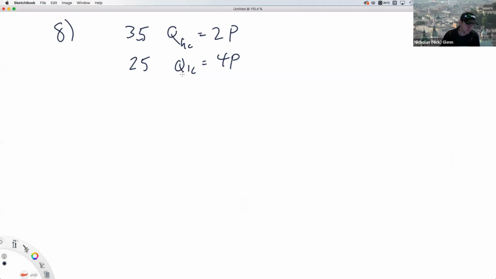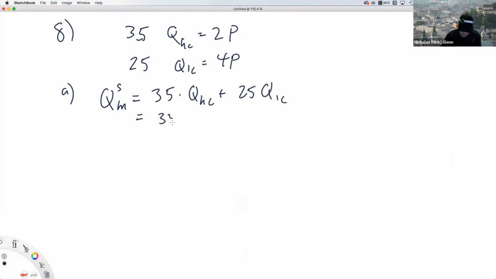All right. So what we want to do is derive the short run industry supply curve for hot wings. To get the supply curve for the whole market, we just add all these up. 35 high cost plus 25 low cost.